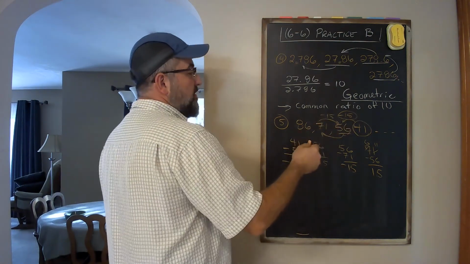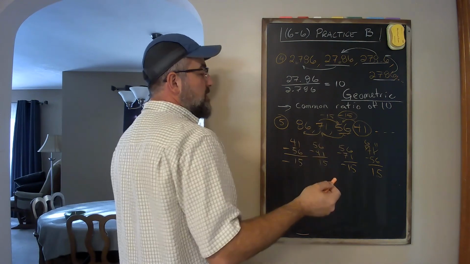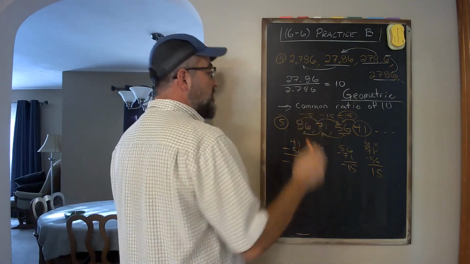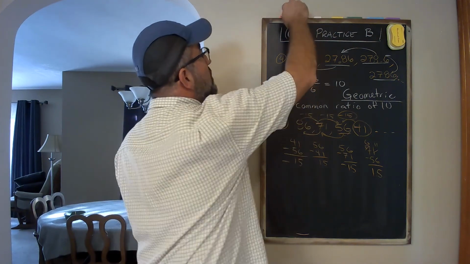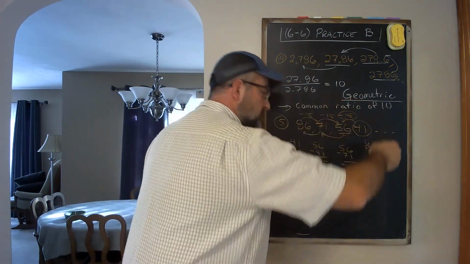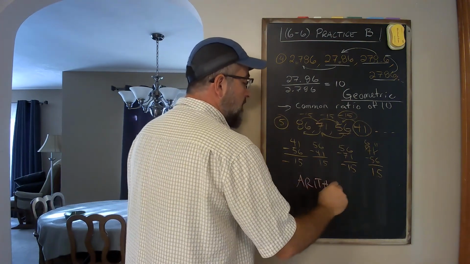Now let's just see if that's true. If I add 15 onto 71, would I get 86? And the answer is yes. So to go from 86 to 71, I'm subtracting 15. So we see subtracting 15, subtracting 15, subtracting 15. This is definitely arithmetic.